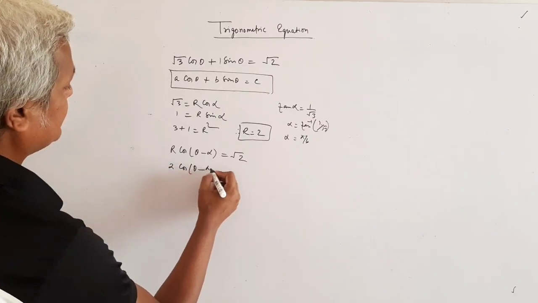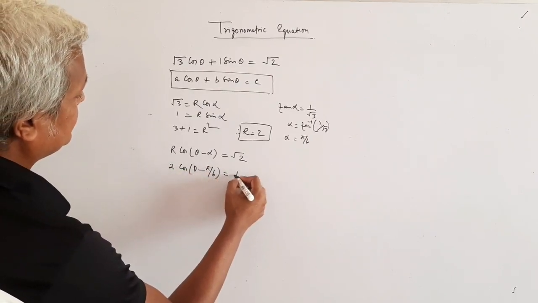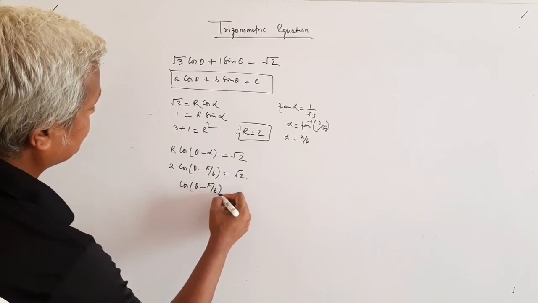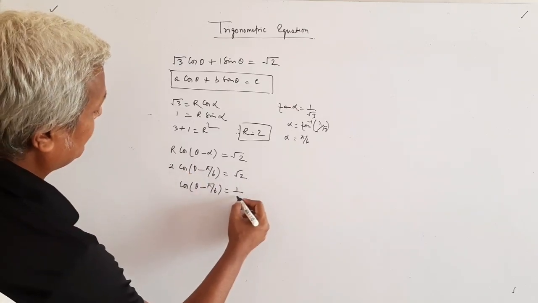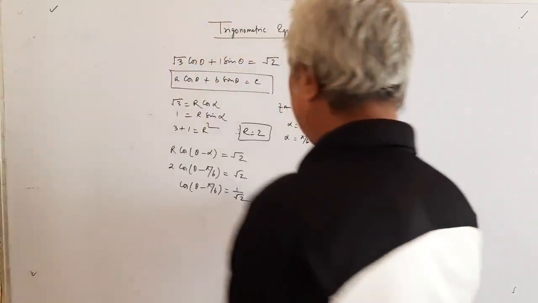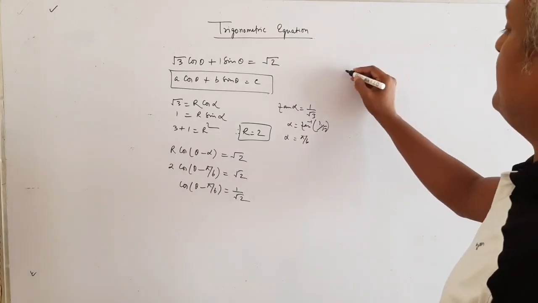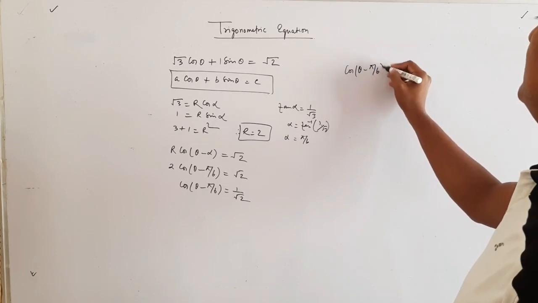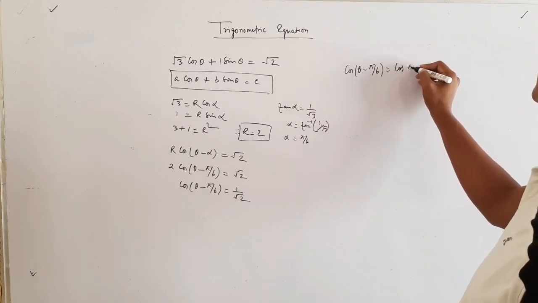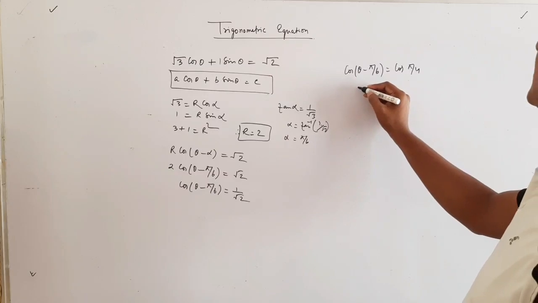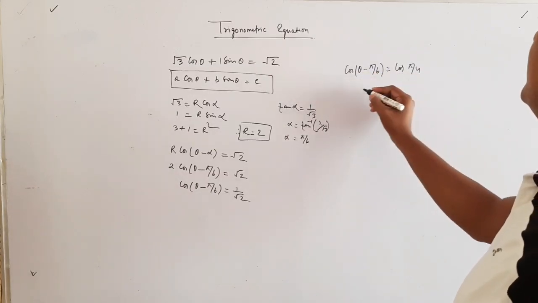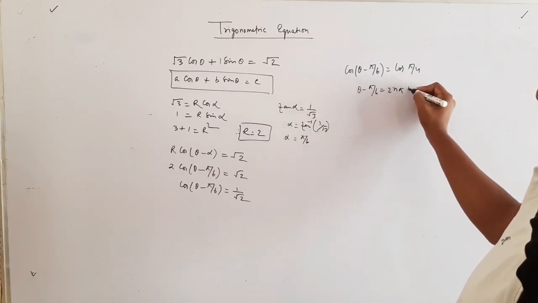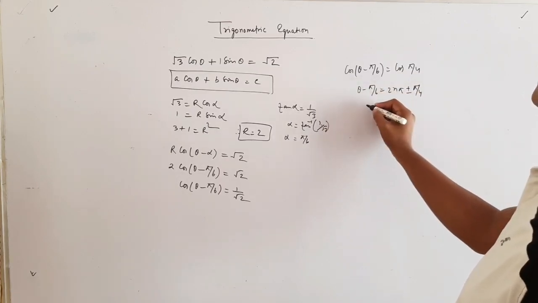So cos theta minus pi by 6 is root 2 over 2, which will be 1 by root 2, and this 1 by root 2 is cos pi by 4. So cos theta minus pi over 6 is cos pi over 4. So it is again in the form of cos theta is cos alpha, therefore theta minus pi by 6 is 2n pi plus minus pi by 4.